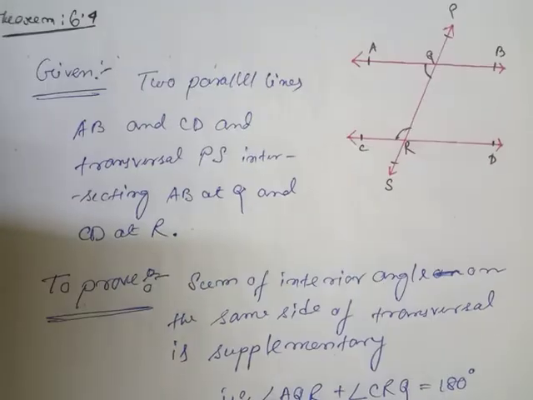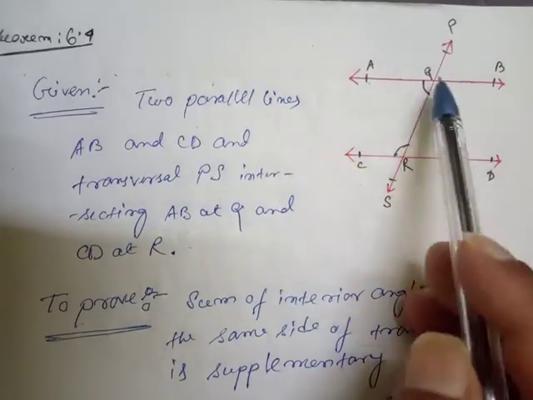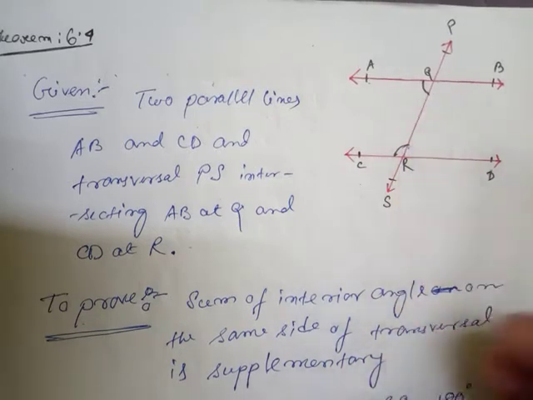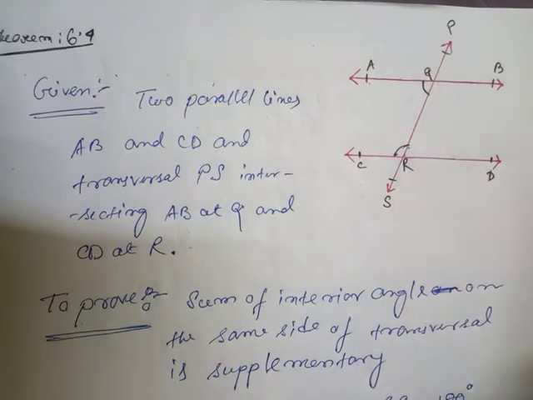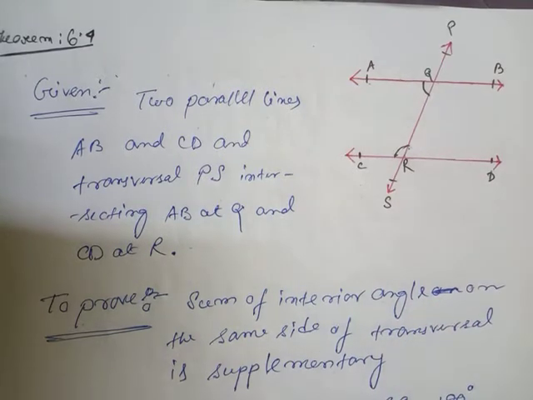Look here in the diagram: AQR plus angle CRQ, these two equal 180 degrees, and BQR plus DRQ, these two angles equal 180 degrees. We have to prove that. Now look at how to prove this.